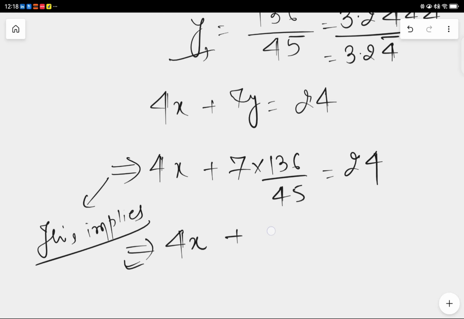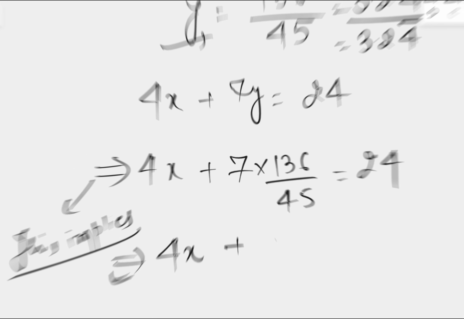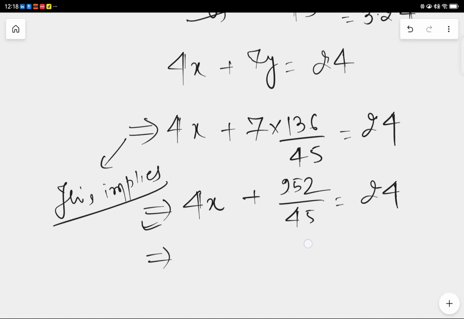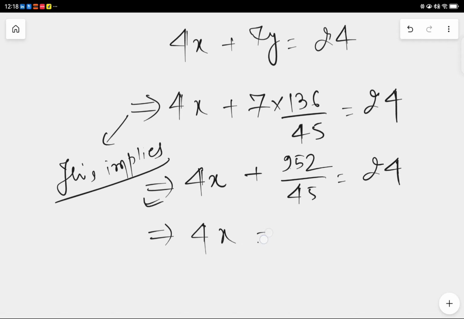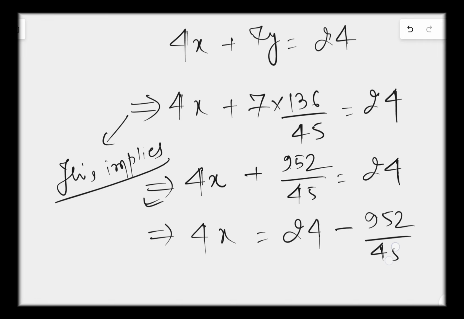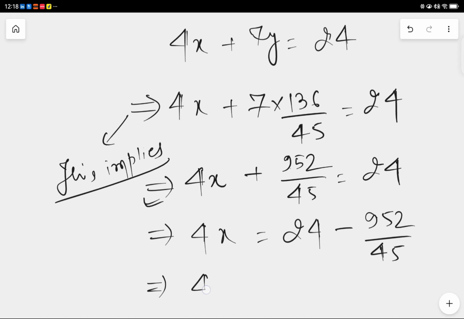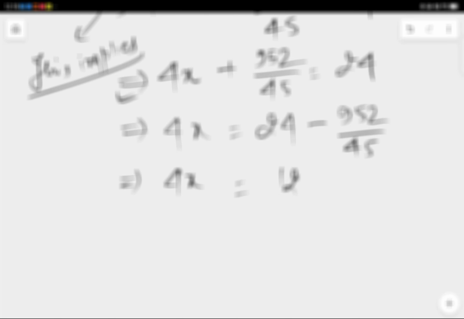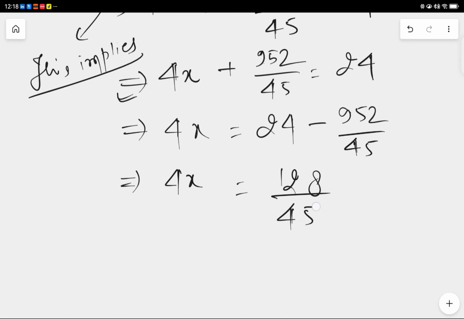4x plus 136 multiplied by 7 divided by 45 comes out to be 952 by 45. This says 4x equal to 24 minus 952 by 45. This becomes 4x equal to 128 by 45.